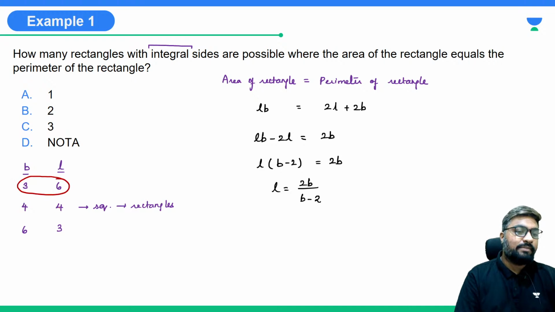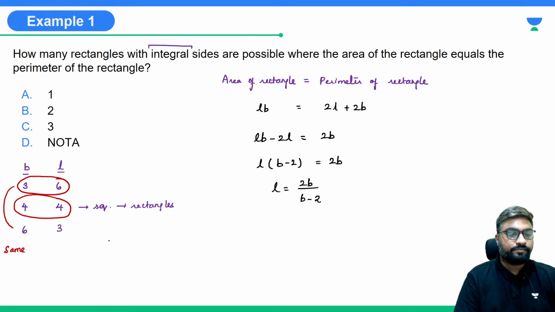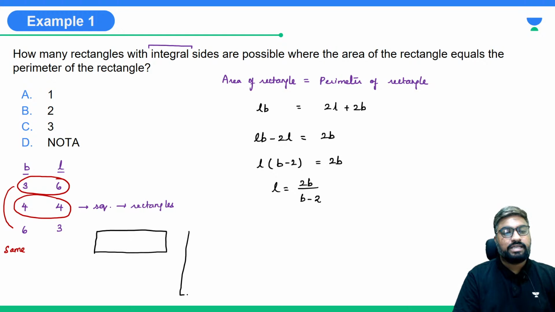Now 3, 6 and 4, 4 will be the two solutions, because 3, 6 and 6, 3 are the same. Do you agree? This is 3, 6 and this is 6, 3. दोनों same है.